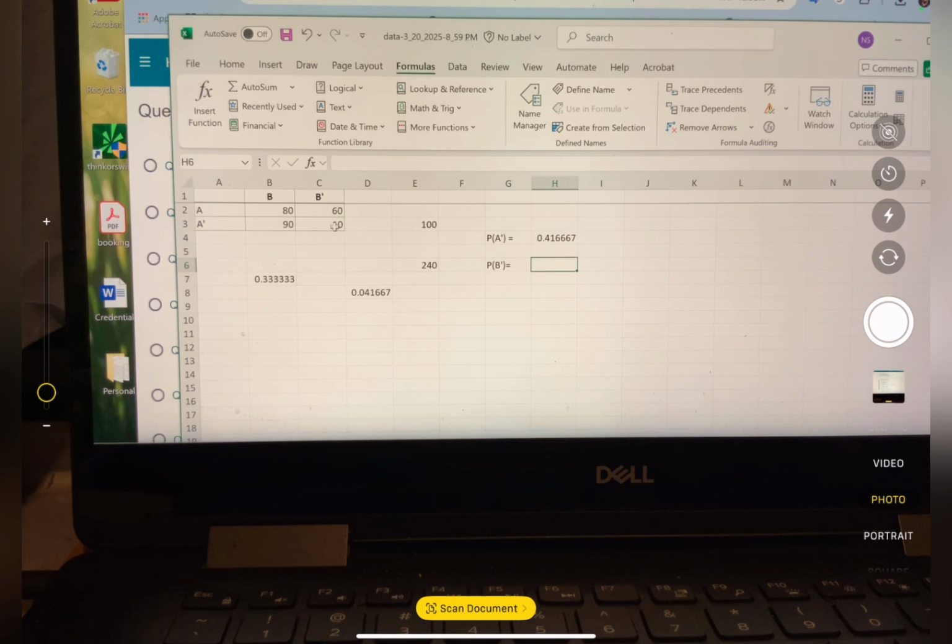It's going to be 70. Opening parenthesis, 60 plus 10, closing parenthesis, divided by the overall 240. That is 0.292 if we round it up.